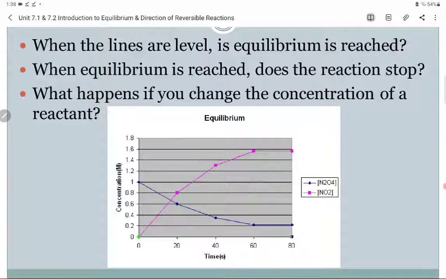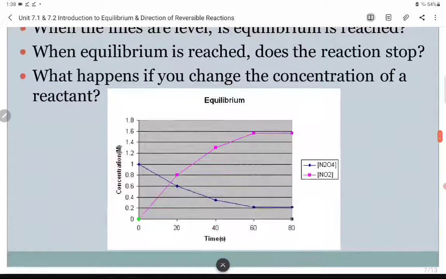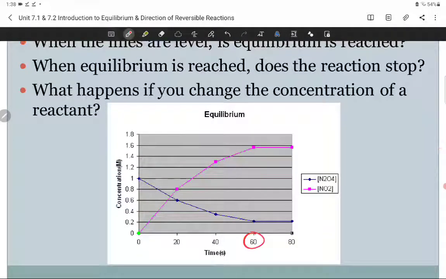Well, I think it means at equilibrium, which would be at 60 seconds and past, as long as you don't do anything to the reaction, change the temperature, change the volume in case these are gases, change the pressure in case these are gases, add more, subtract some materials. As long as nothing like that happens, these concentrations will remain the same. So as one material goes from reactant to product, another material is going from product to reactant.